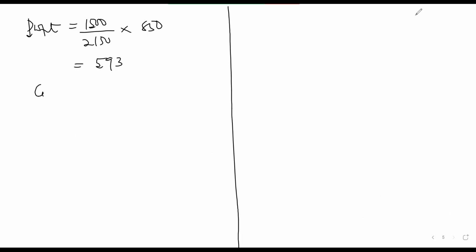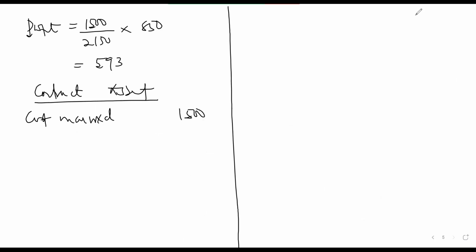Okay. So let's find the contract assets. So the contract assets, what we do is that we will have our cost incurred to date, which is the cost that we incur. So the billing amount is just the selling price of the contract that we have done. So that will be 1,500 plus the profits.